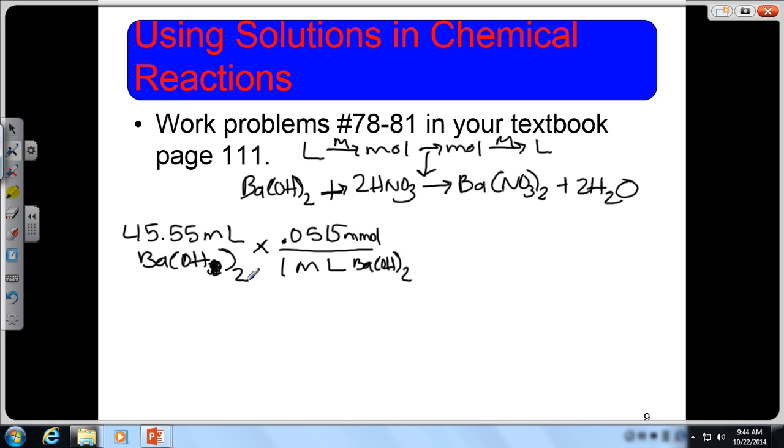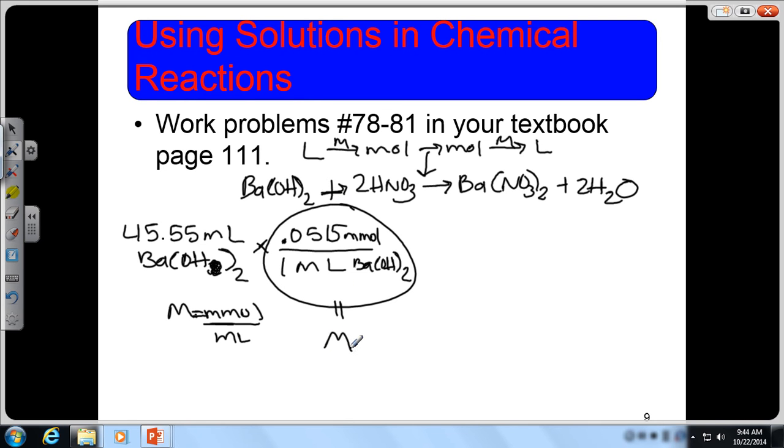Remember, molarity can also equal millimoles per milliliter. I didn't move a decimal, I just left it how it was. This is easier for me because I can start with what I'm given. So I start with the milliliters and multiply times the molarity, which was given to us.